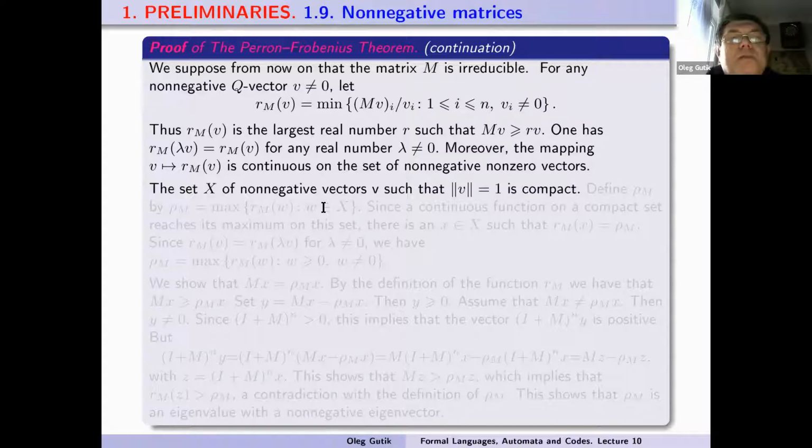non-zero vectors. The set X of non-negative vectors V such that the norm of V is equal to 1 is compact.